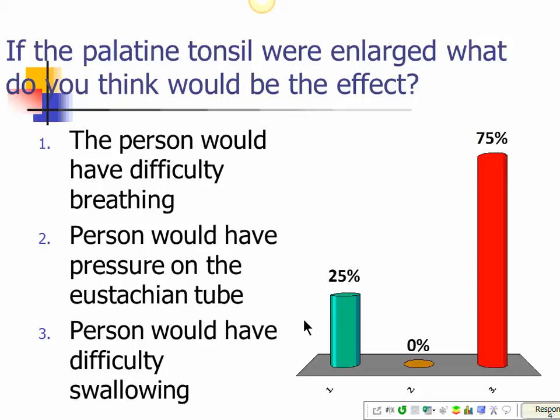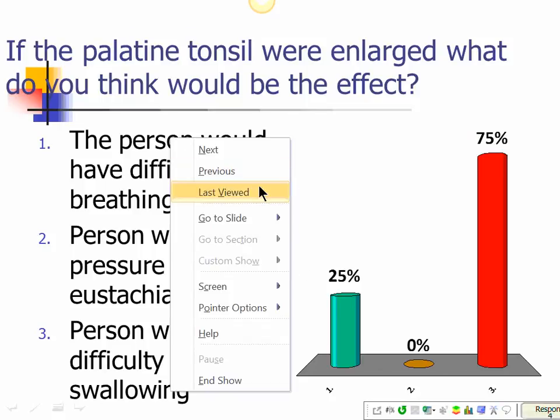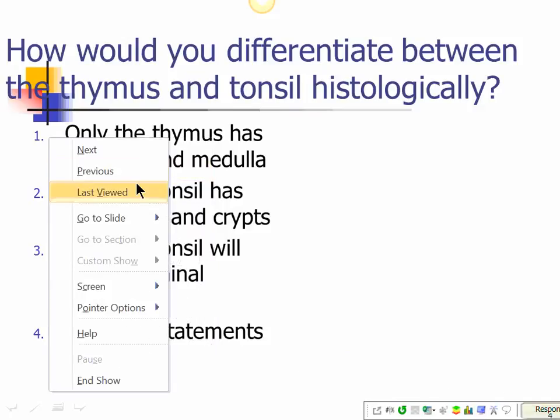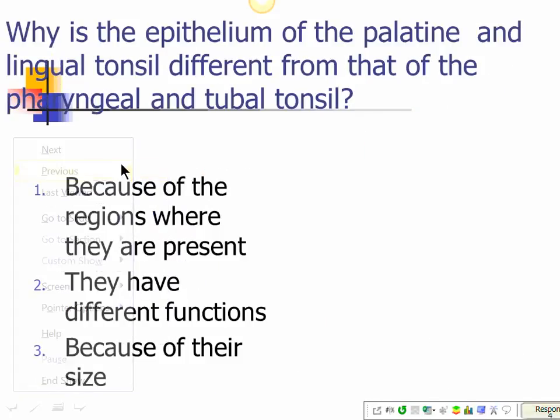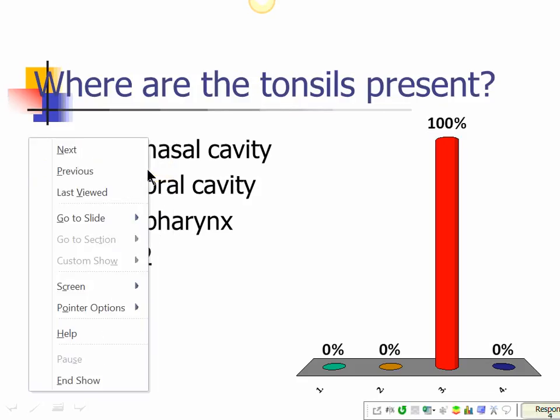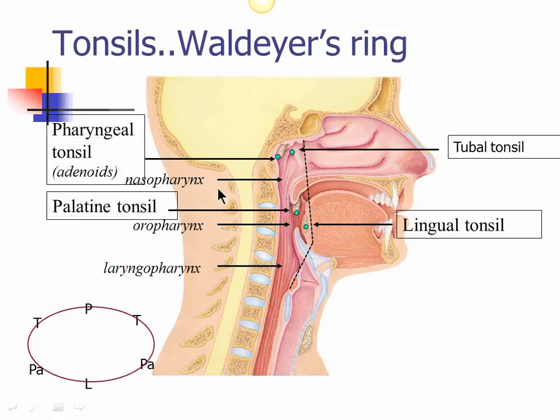Yes, that's right. Remember, it is present in the oropharynx. And let's go back to look at the slides. The oropharynx is just behind the oral cavity, and obviously when you swallow over here, the food will go down. Now if this is swollen, it's going to cause a difficulty in swallowing.